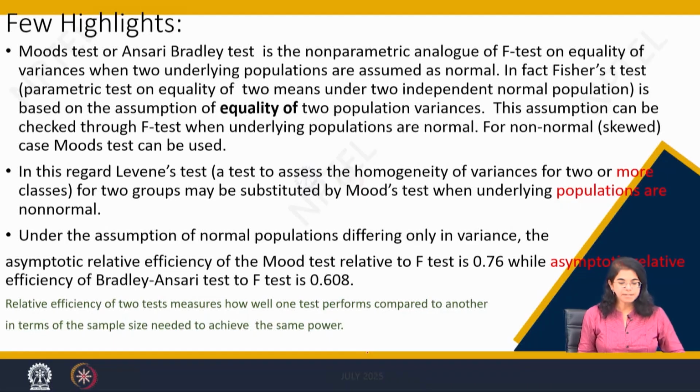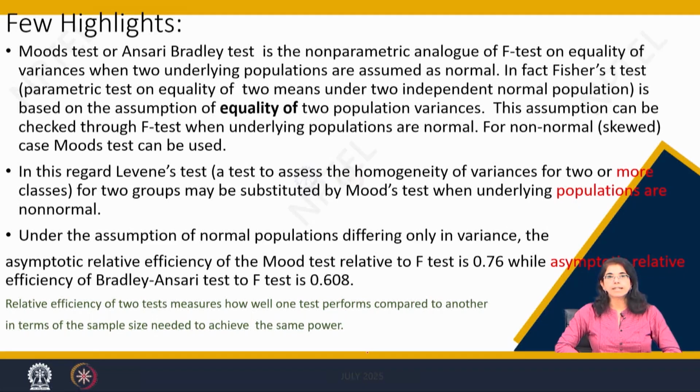Mood test or Ansari-Bradley test is the non-parametric analog of the F-test on equality of variances when two underlying populations are assumed as normal. In fact, the t-test, a parametric test on equality of two means under two independent normal populations, is based on the assumption of equality of two population variances.